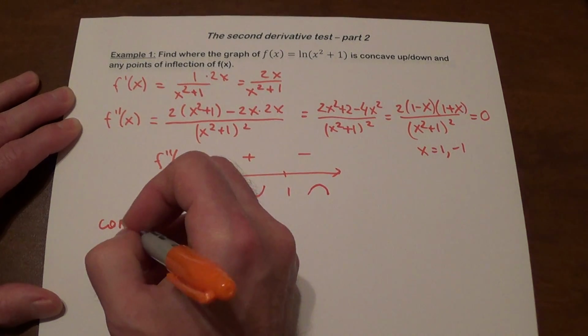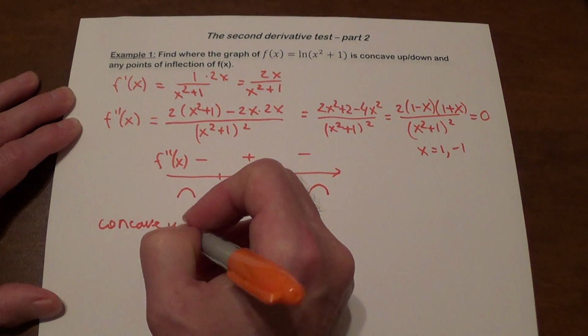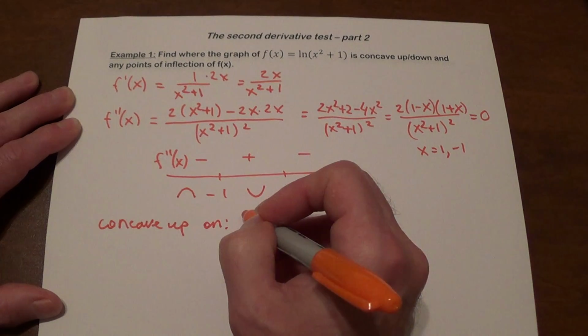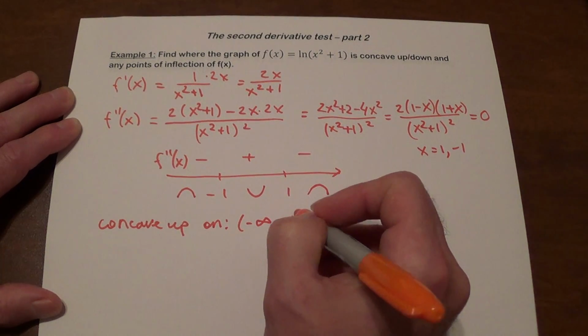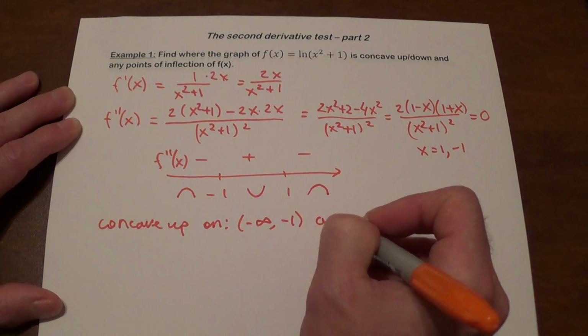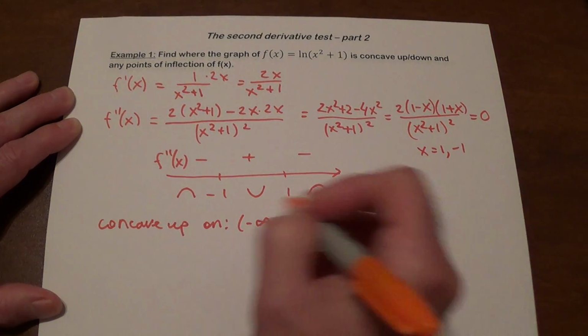So we're going to write that it's concave down on negative infinity to negative 1 and 1 to infinity. Oh, I'm sorry, that's down.